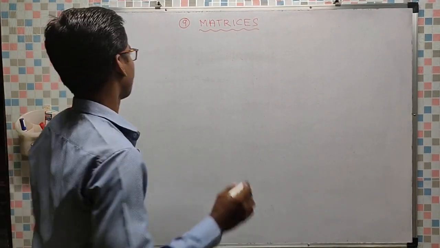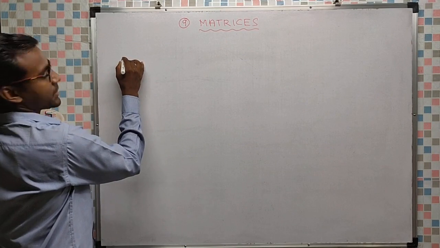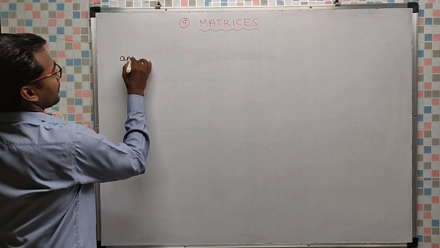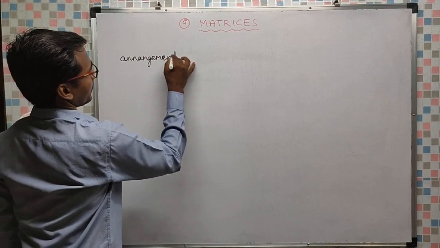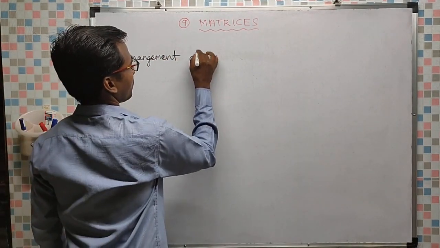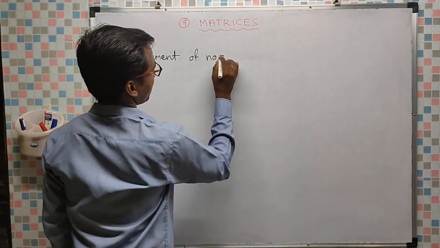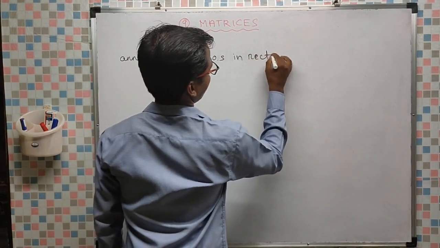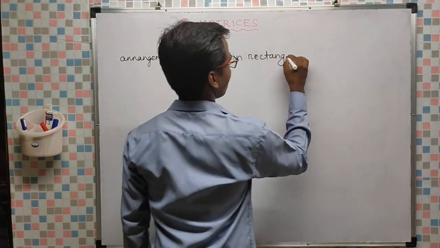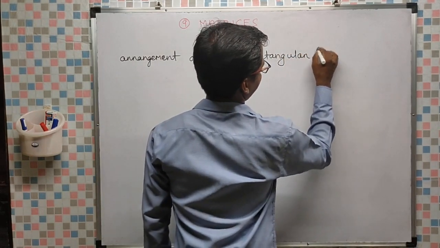What is a matrix? It is the arrangement of numbers in rectangular form.